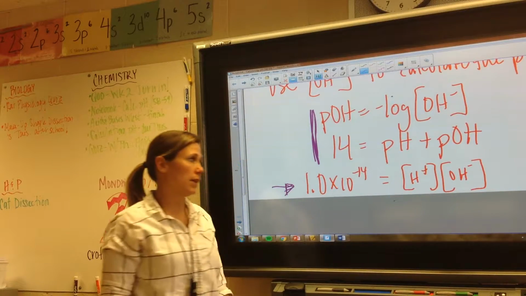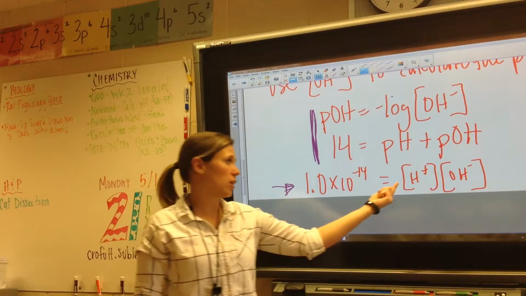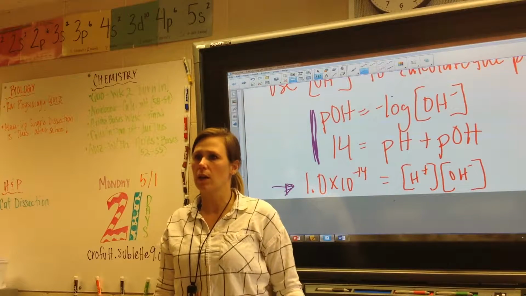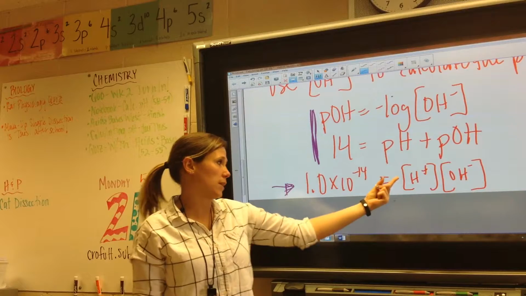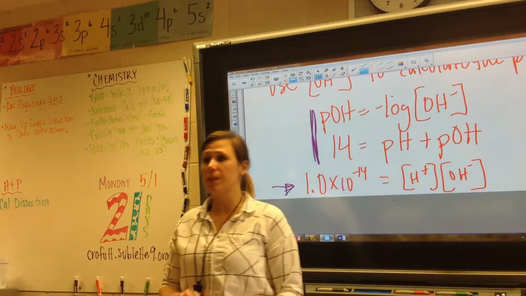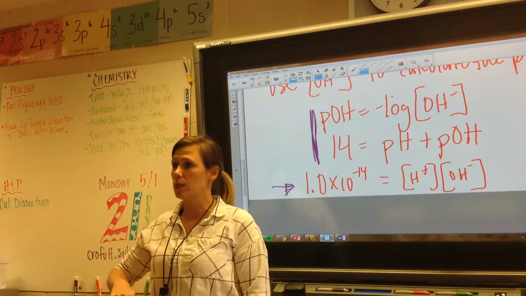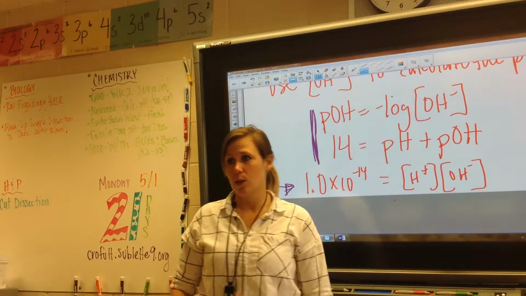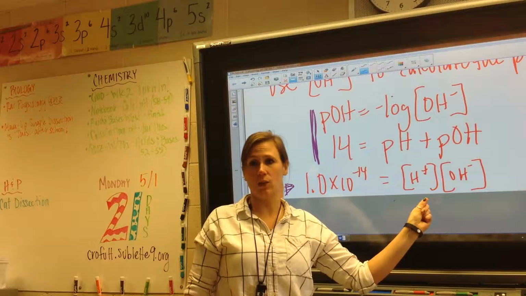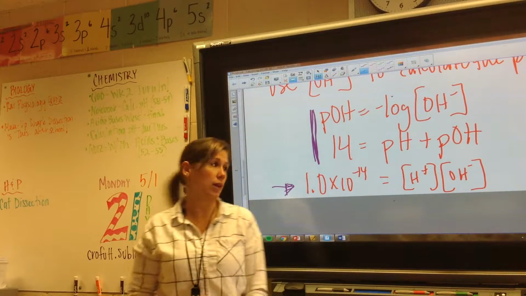For instance, if I give you the H plus concentration, what's our hydroxide ion concentration? You could use this one to solve that instead of going, all right, my H plus concentration is this, that means my pH is this, I can subtract that from 14 to find my pOH, and then go backwards from pOH to OH minus. So you're basically cutting those steps down by 3 if you want to do that.